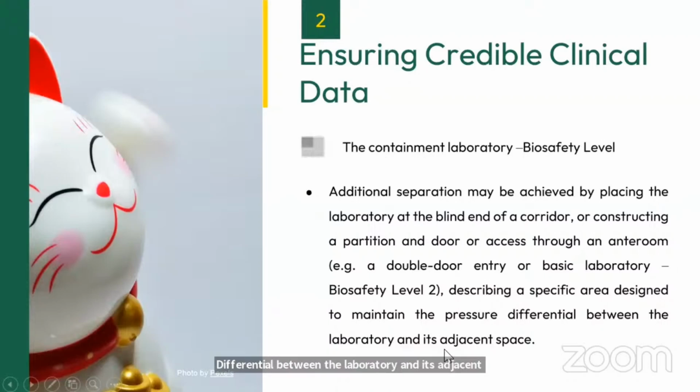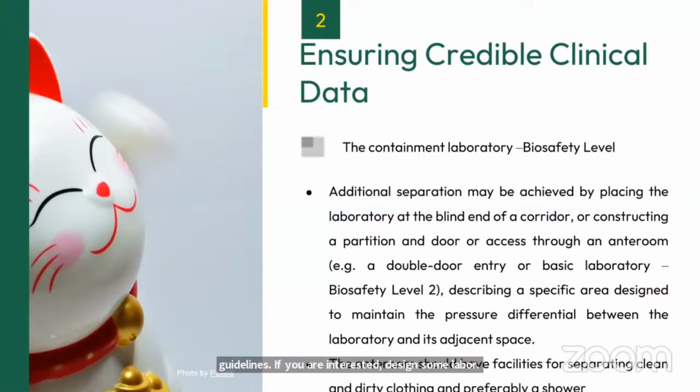Pressure differential means negative or positive pressure, whichever is recommended, can be maintained. If possible, microbiological laboratories where infections are handled should be designed at the end of the corridor. These are the guidelines you can follow while designing containment laboratories.